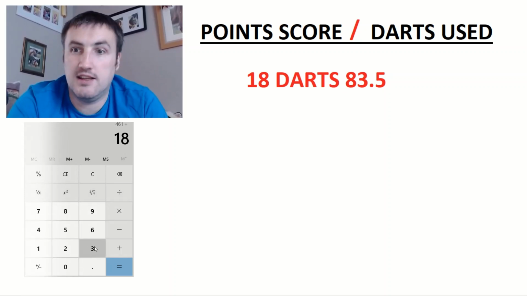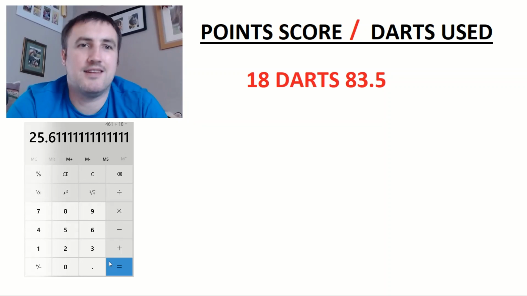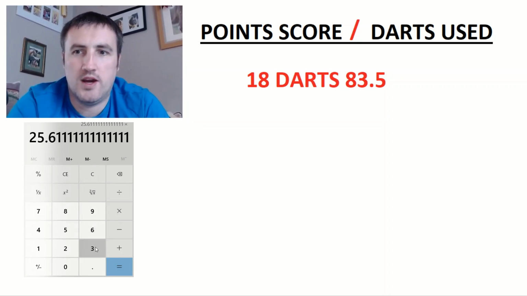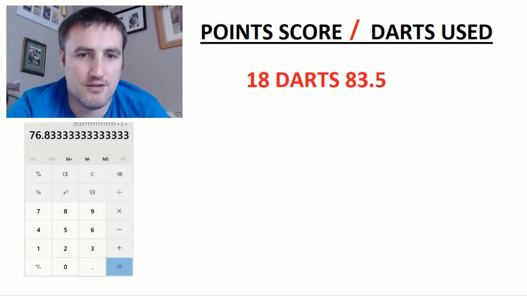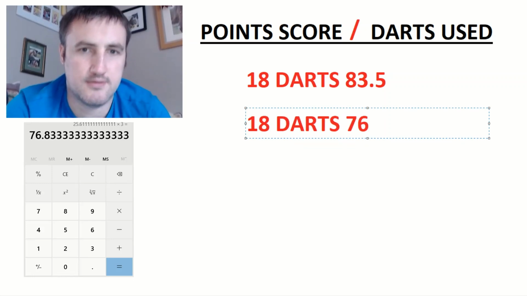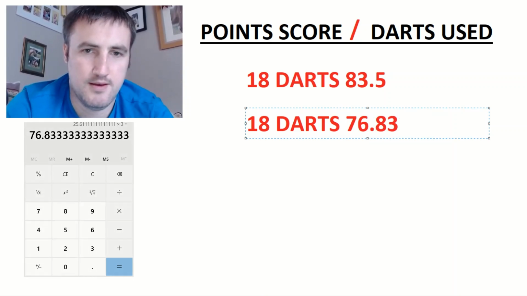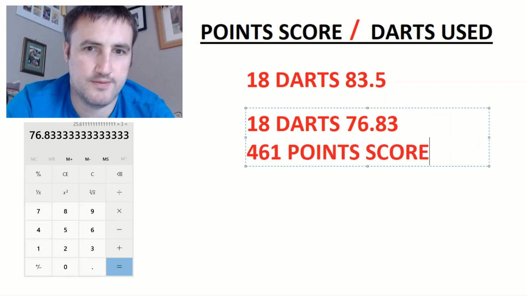Thrown 18 darts again in that leg. 25.61 the average for that leg that I lost where I missed tops. But again, like I say, this is in sort of old money. The modern way now is a 3-dart average, which is 76.83. So, get it on here. So, 18 darts, 76.83, put space in there, for 461 points scored.